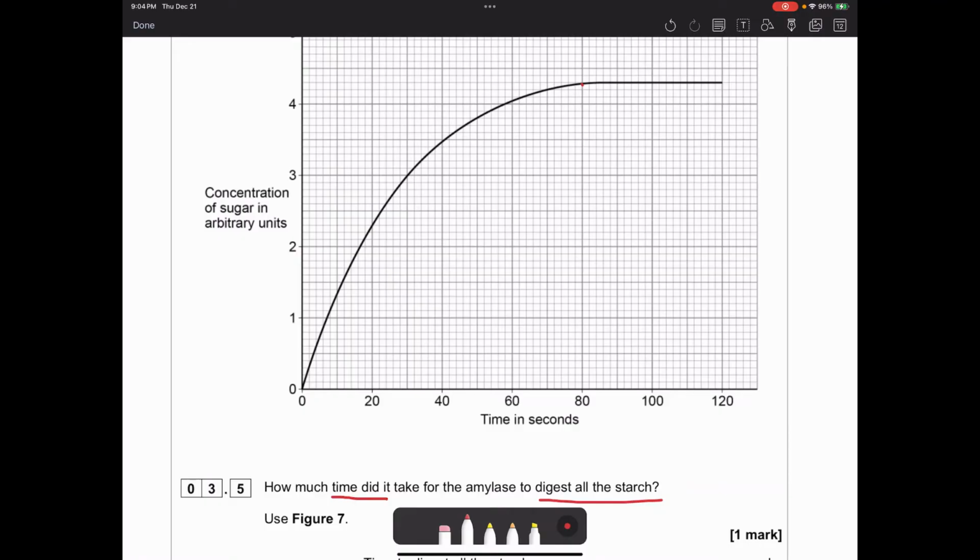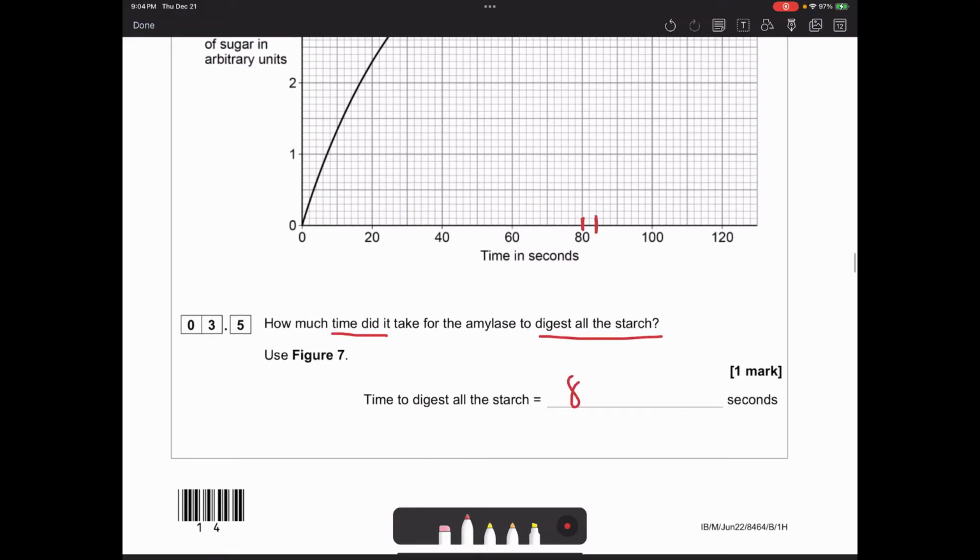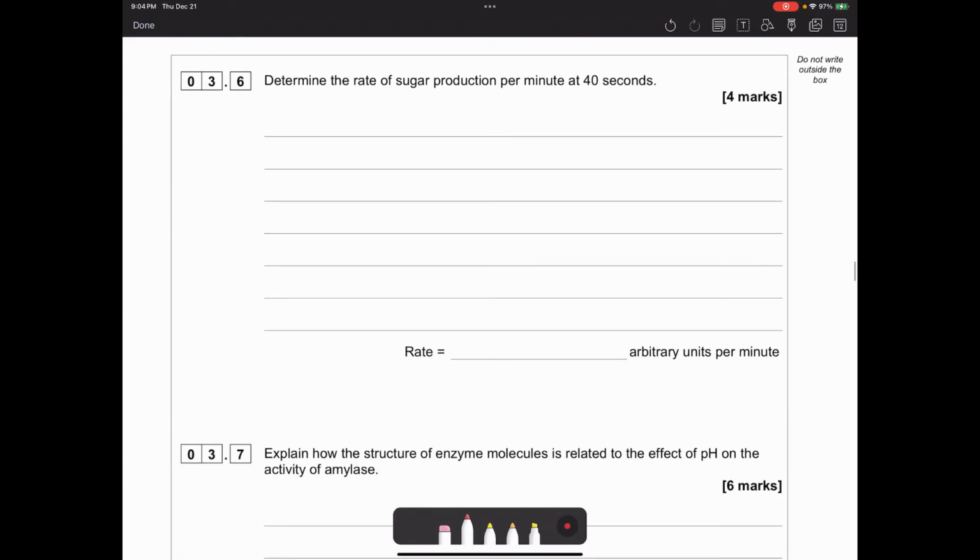Actually, it's probably a little bit after 80 because it's still slightly going up at 80. And I would say it's definitely gone flat at this point here, which is 82 seconds or 84 seconds. Looking at the mark scheme, you're allowed any time between 80 and 84. Okay? So as long as you put an answer between 80 and 84, you would then get a mark.